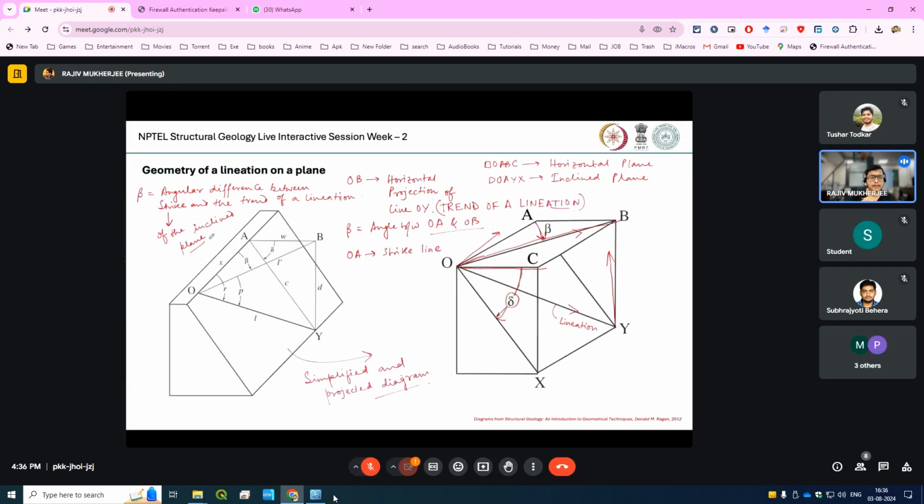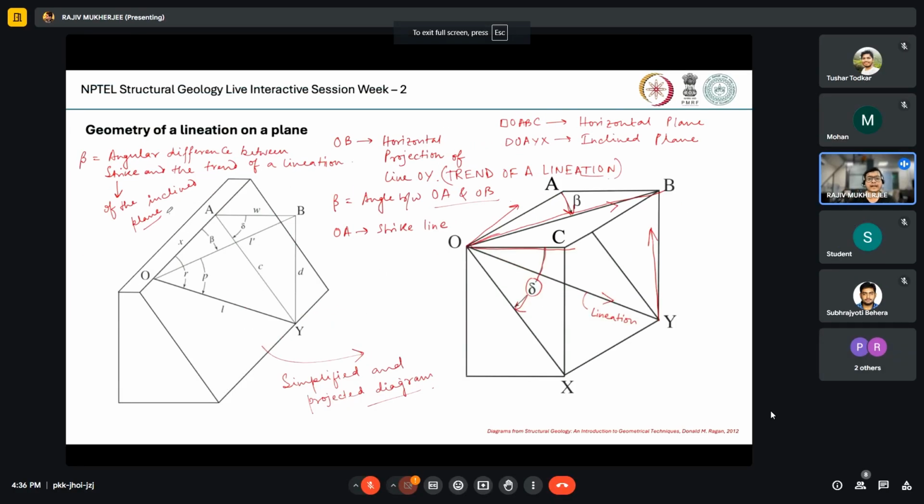So the angular difference between the strike of the plane and the trend of the line is called the structural bearing, or beta. So if strike angle is phi and trend angle is theta, then beta is basically phi minus theta, right?